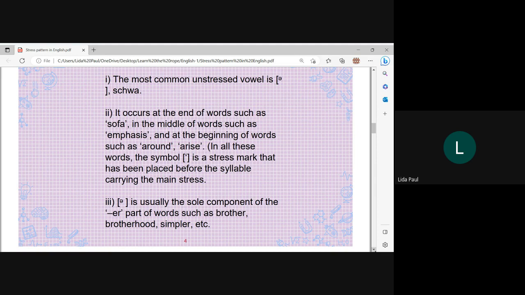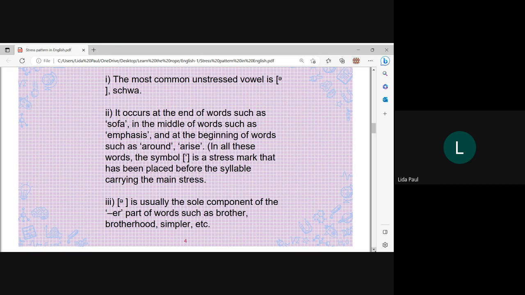Okay, so sofa, emphasis, arise, round. Okay, these are all examples of words with the unstressed vowel sound schwa. Okay, from the point of view of stress marking, this is important because when you know that the vowel sound which is constitutive of a particular syllable includes the vowel sound schwa, you almost immediately know that that syllable will not take the stress.